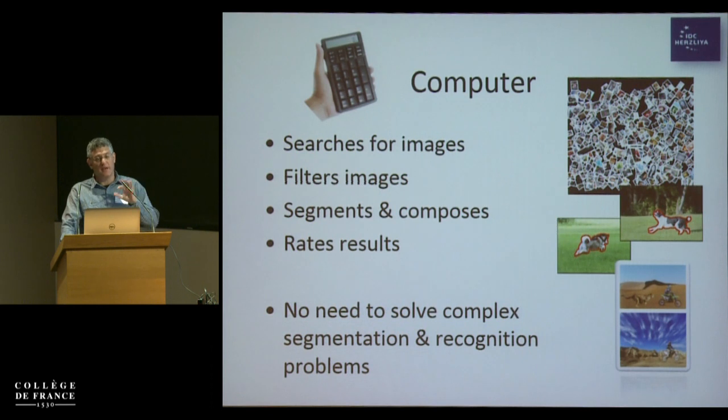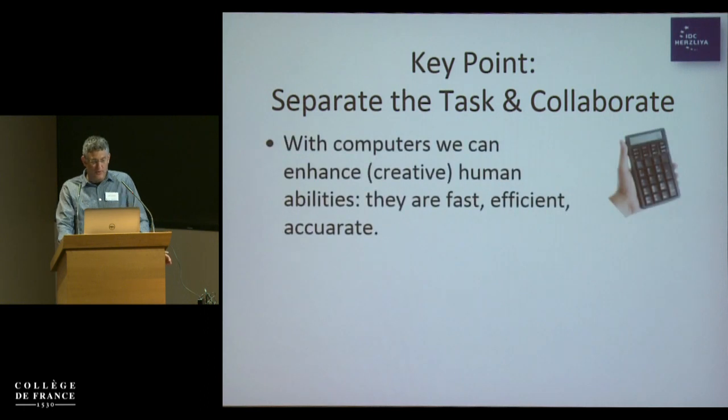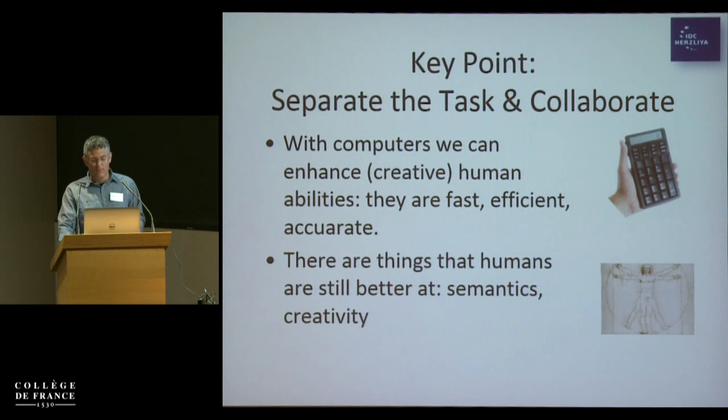So in some sense, this collaboration is sort of perfectly matching the two things, right? The key point is that you take a difficult task and you separate it into two collaborations, right? Computers can enhance the creative abilities of humans. They're fast, they're efficient, they're accurate, right? So everyone wants to use computers, but there are still some things that we are better at, and these are mostly semantical things, right?